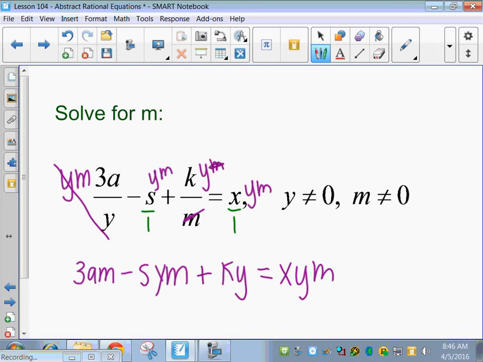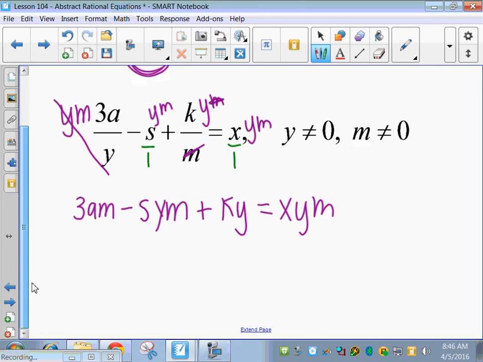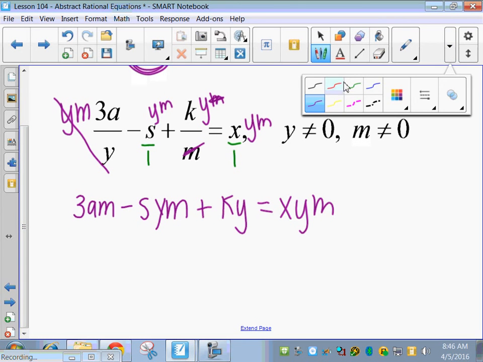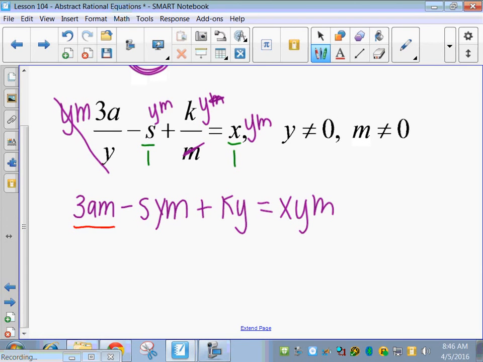Okay, now's a good time to check and see what variable we're actually solving for. All right, so I'm solving for m. Anything that has an m needs to be on the same side. So I have an m here, I have an m here. This guy has an m, we need to move it over here. This one does not have an m, so we need to move it over here. All the m's have to be together, and the other stuff has to go on the other side.